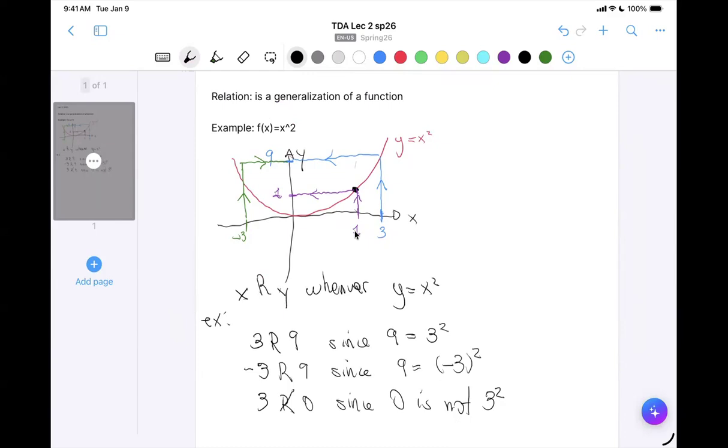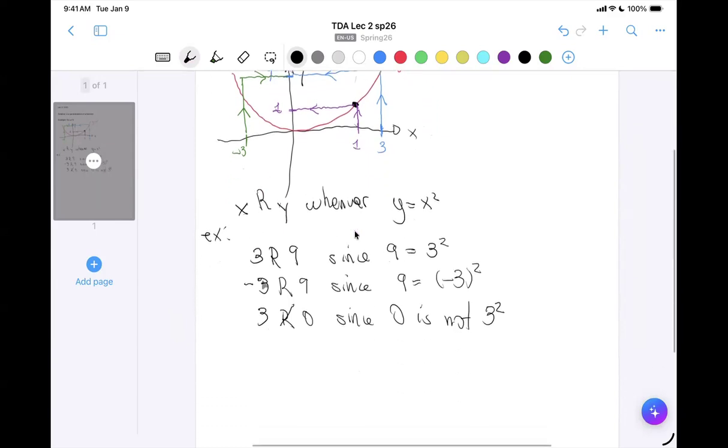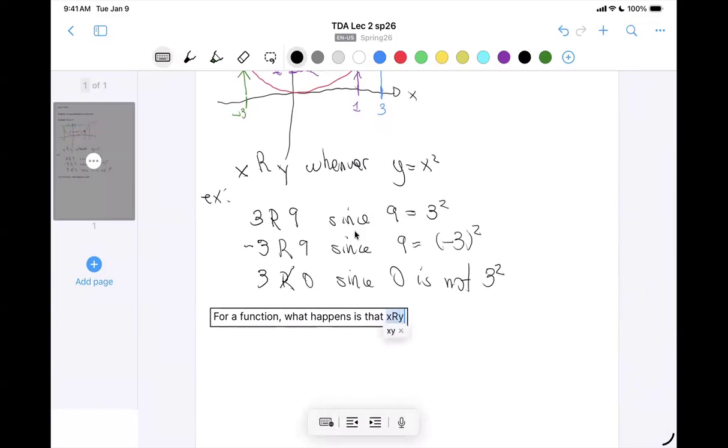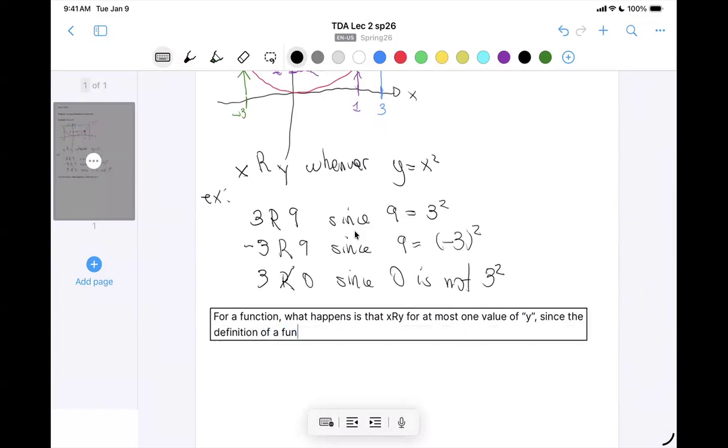So for a function, x is related to at most one value of y, since the definition of a function requires the input to only have one output.